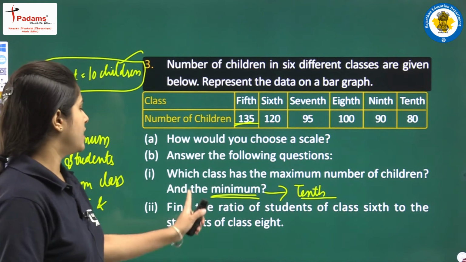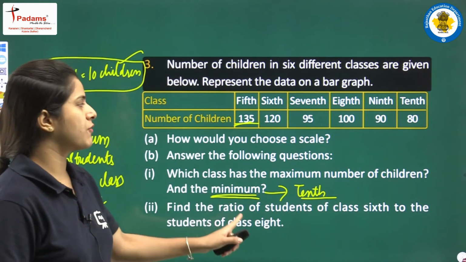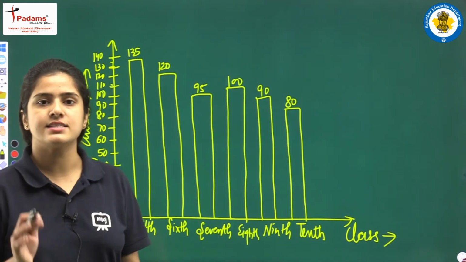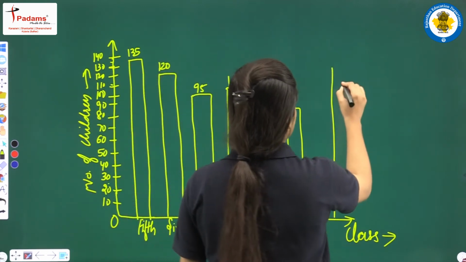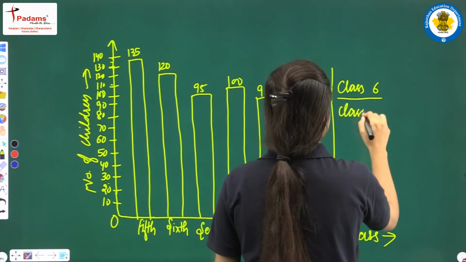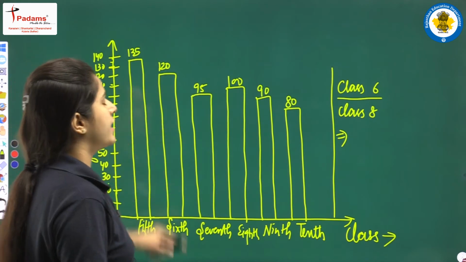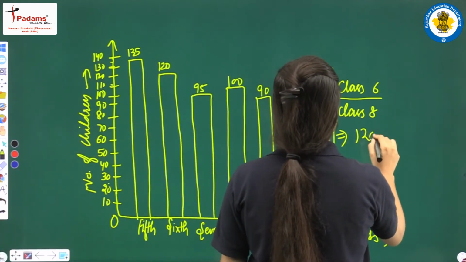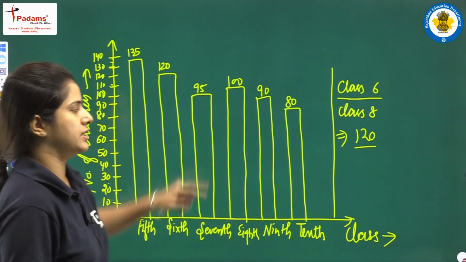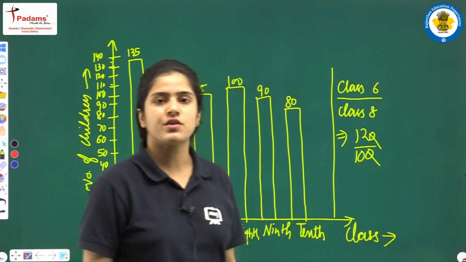The next question, find the ratio of the students of class 6 to the students of class 8th. Now we have to find the ratio of class 6 to class 8. The kids of class 6th are 120 and the students of class 8th are 100. So 0 will be cancelled out from both the numerator and the denominator.